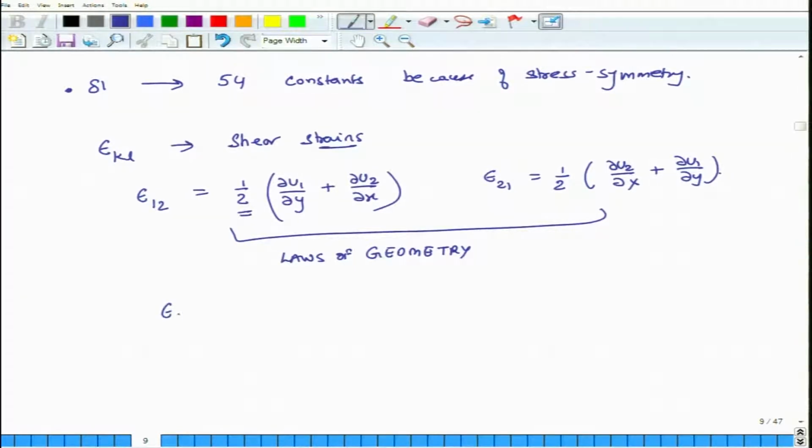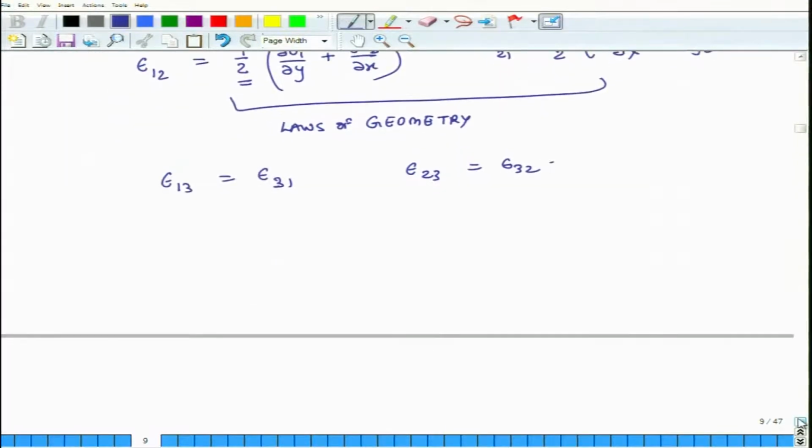Similarly, epsilon 13 equals epsilon 31 and epsilon 23 equals epsilon 32, which means that we do not have 9 independent strains, but only 6 independent strains.